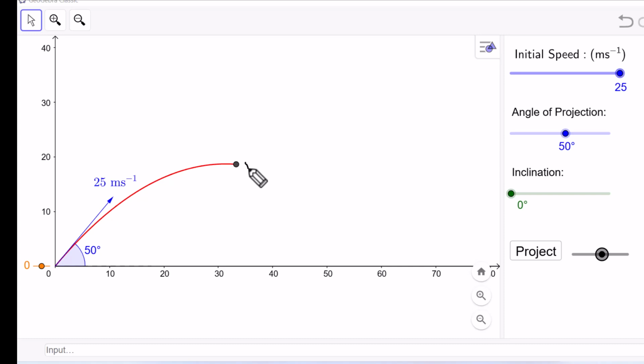So at this point, at maximum height, v equals 0. Then u is 25, so this is u. u is the initial velocity, so the initial velocity has a value. The final velocity is 0. So don't forget that.